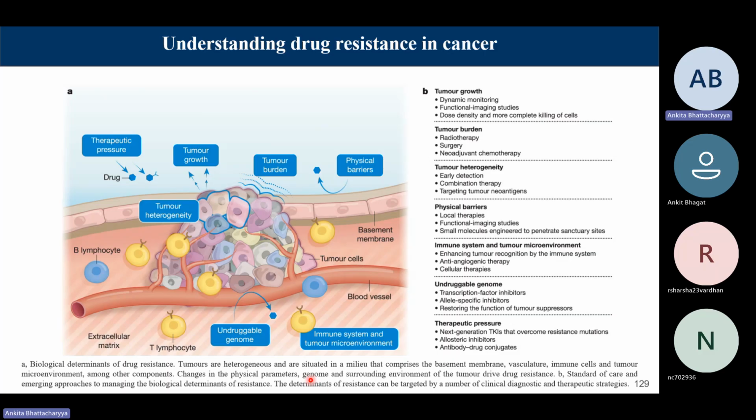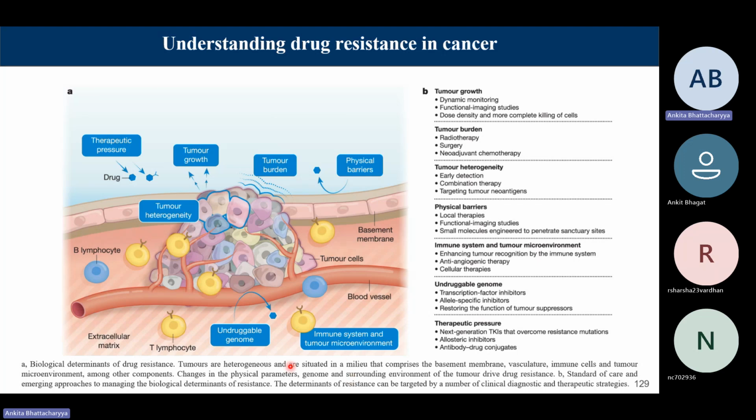Changes in the physical parameters, the genome, and the surrounding microenvironment of the tumor actually can drive drug resistance. Like, for example, you can have some physical barriers to that treatment. The amount of tumor might be so huge that your drug is not able to tackle it. The tumor might be proliferating way faster than your drug can act, or the drug has been tolerated by the tumor, and as a result, the therapeutic pressure has led to a modified tumor, which is much more severe and much more resistant to the surrounding condition.